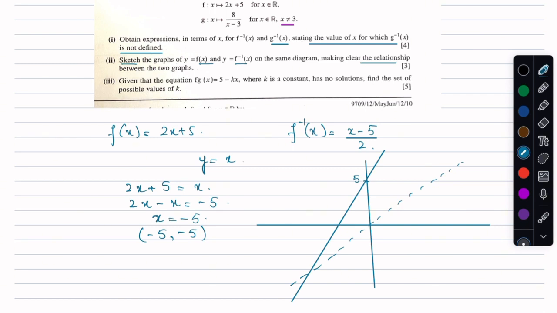So with respect to that sloping up line, I have made the function, which is 2x plus 5. Now to get the inverse of the function, I simply have to switch the coordinate 0, 5 to 5, 0. I know that one of the points of intersection for the three lines is negative 5 and negative 5, which lies here.